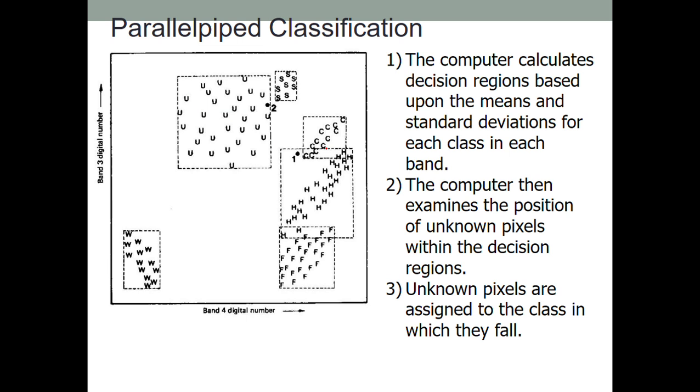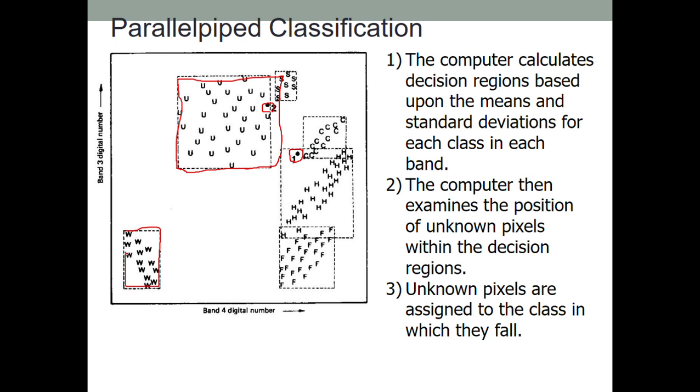However, for the second one, parallelepiped classification, we have two unknown pixels here, number 1 and number 2. The computer will calculate decision regions based upon the mean and standard deviation for each class. Using the standard deviation, it gives you some range.